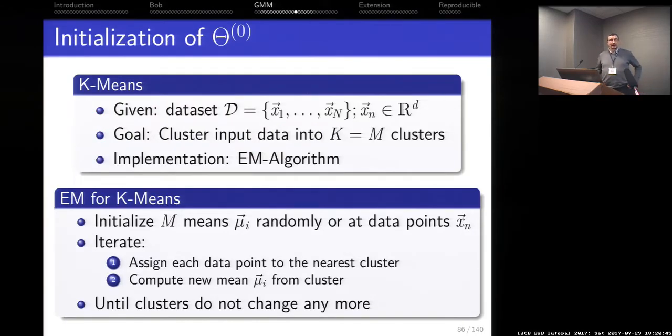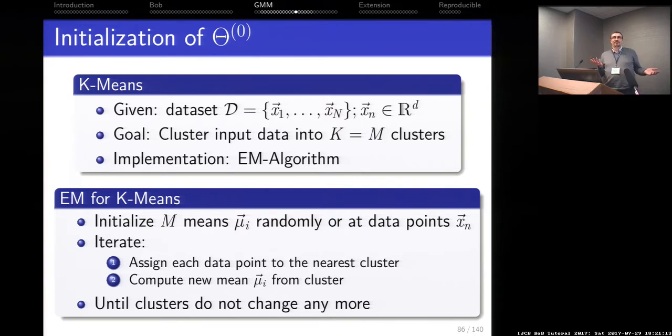Again, k-means is an EM algorithm which clusters the input data into a given number of clusters. Since we know how many Gaussians we want to have in our Gaussian mixture model, we can just use that as k, and we iterate.